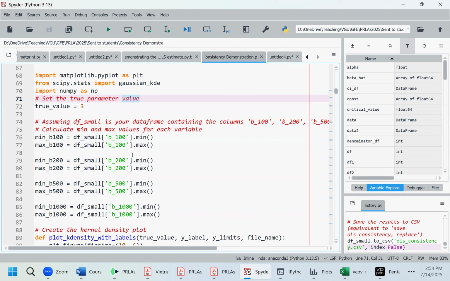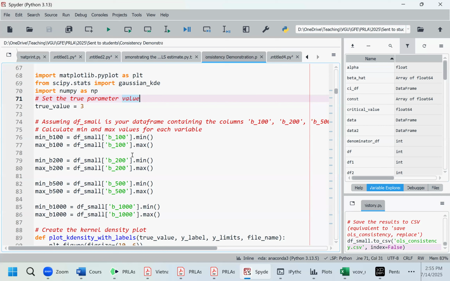Nào, suy luận nào, bạn Khiết Anh. Cái min của sample 1000 và min của sample 100, thằng nào nhỏ hơn? Nào bạn Minh Quân. Tại sao? Cái min nó thấp hơn đúng không?